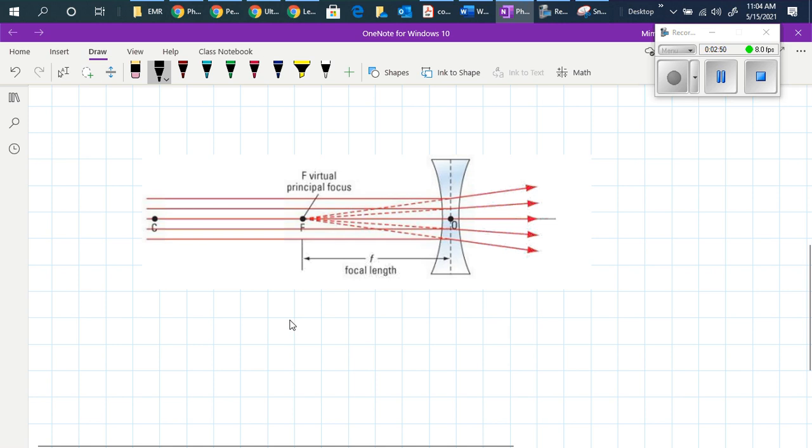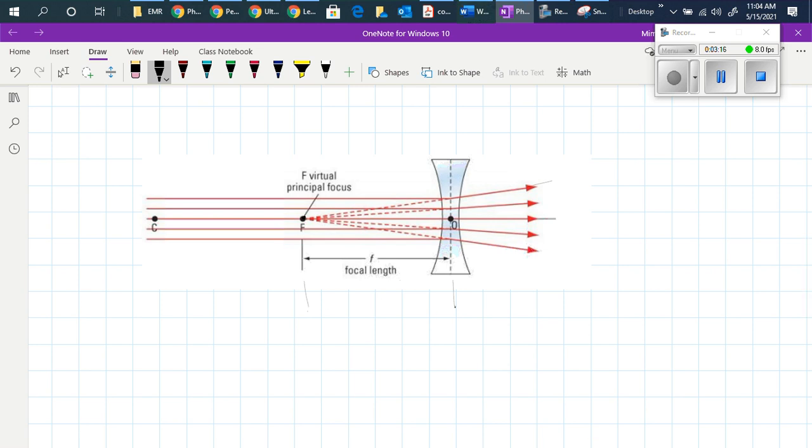As you see here, the rays kind of open up, and they all appear to pass through what is known as the focal point, and the distance from the symmetry of the lens to the focal point again is known as the focal length.